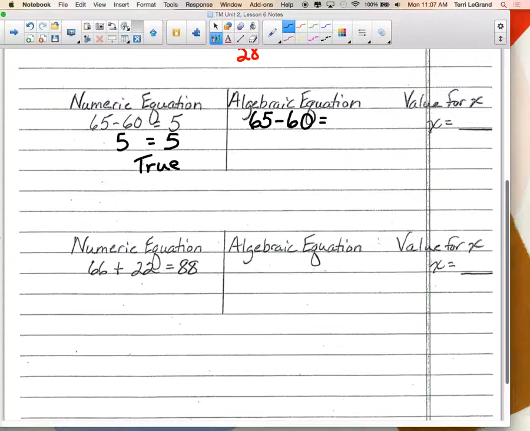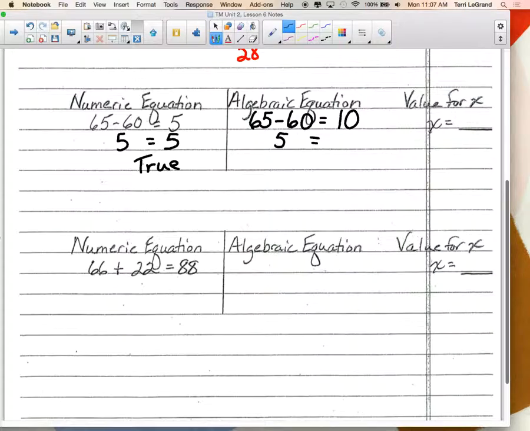We need an expression on the other side that's going to turn this into an algebraic equation. So what do you think, Danny? 10. You want to use 10 this time? Okay. Well, remember, this is going to be kind of helpful if we do this. 65 minus 60 is 5, right?